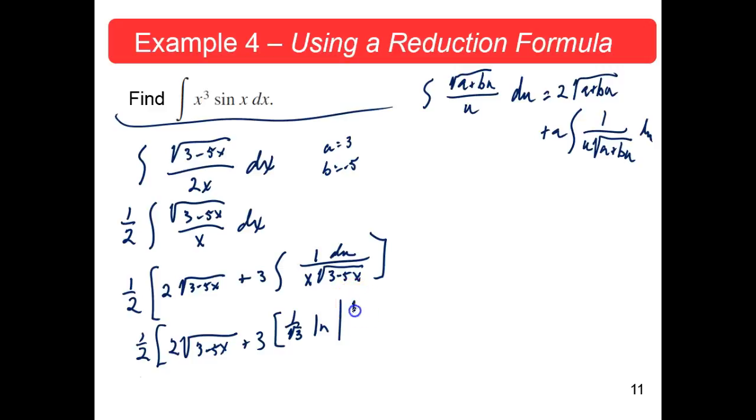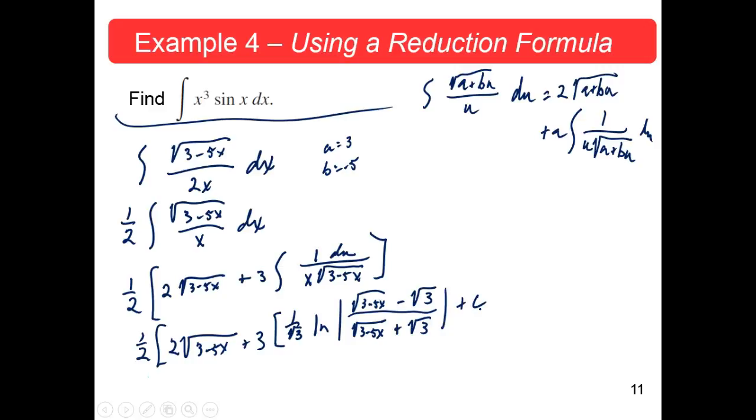Numerator is your square root of 3 minus 5x minus the square root of 3, square root of a. Denominator is the square root of 3 minus 5x plus the square root of 3. And then you have your plus c.